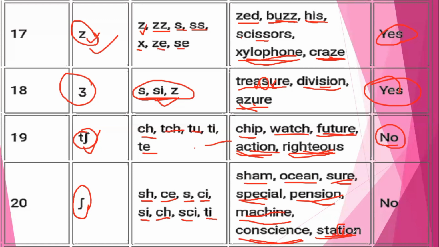Okay, two vowel sounds, and it is not a voiced sound. It is also a voiceless sound.